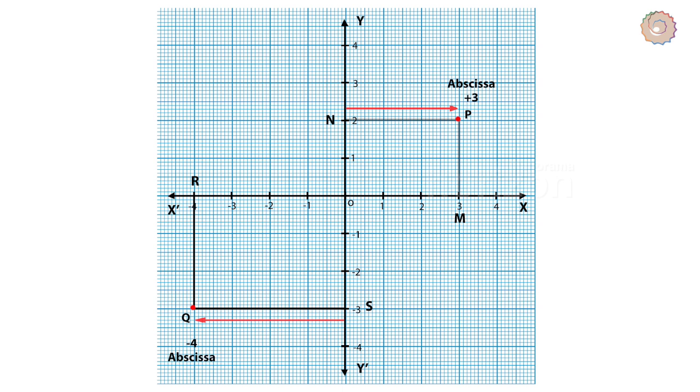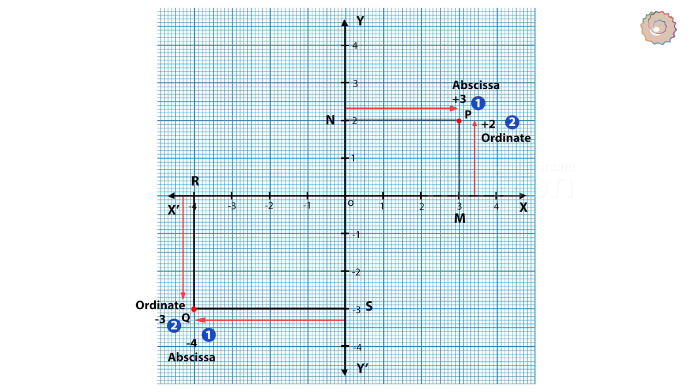The x coordinate is also called the abscissa. The y coordinate of a point is its perpendicular distance from the x-axis measured along the y-axis, positive along the positive direction of the y-axis and negative along the negative direction of the y-axis. For the point P, it is +2 and for Q, it is -3. The y coordinate is also called the ordinate.